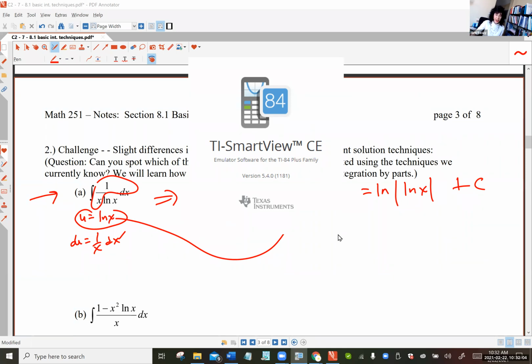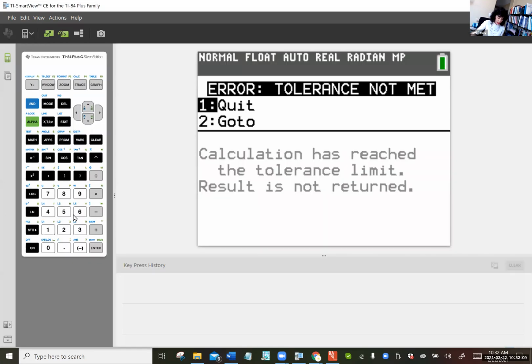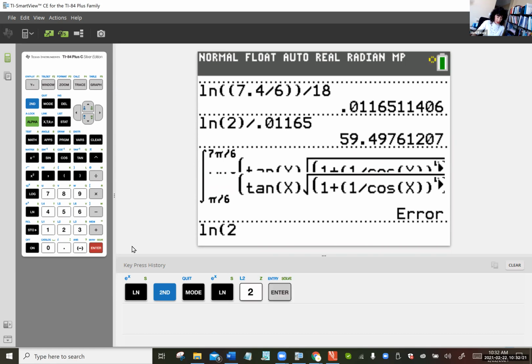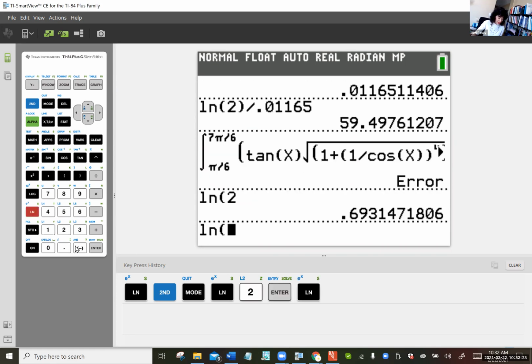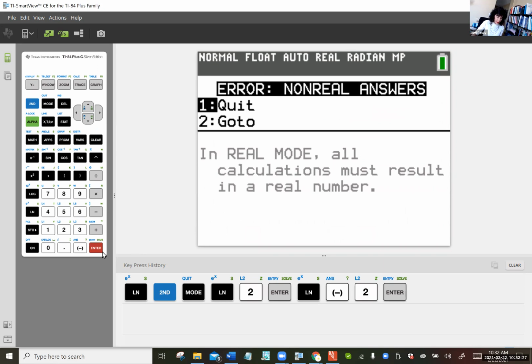Like try doing ln of negative 2. You'll see real quick that that's not okay. If I go ln of 2, I think everybody would agree that's fine. If I go ln of negative 2, what happens? Error, non-real answers.